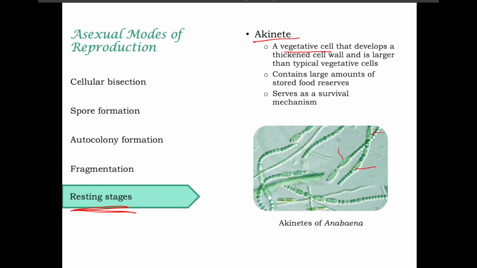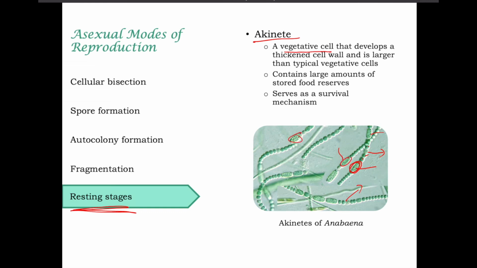As you can see here, it's very large compared to the normal vegetative cell that you can see right here. I didn't point out this one as a vegetative cell because that's not a vegetative cell. It's another form that we'll talk about later in the discussion. But your akinetes are right here.